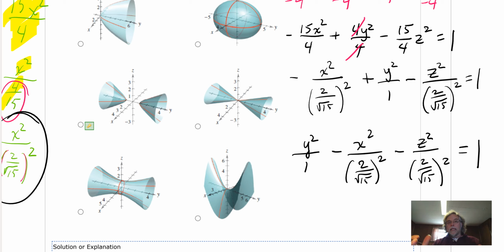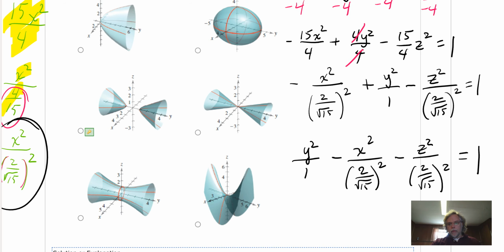The purpose for that last step is that, as long as I'm remembering the table right, that will match exactly the form of one of the types of surfaces, and then we'll be able to match it up.